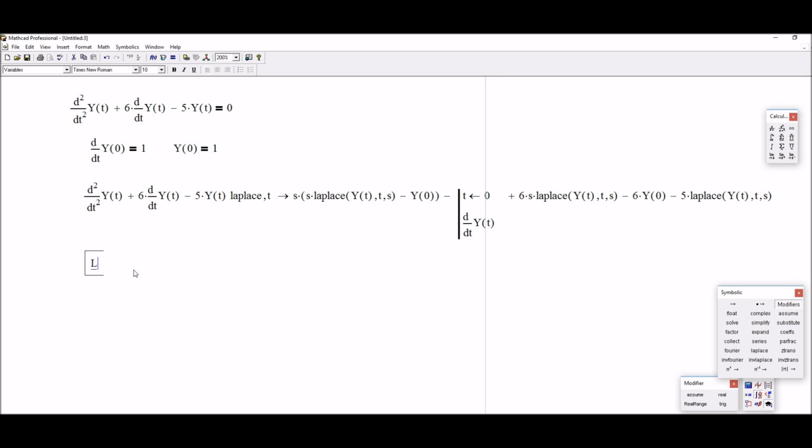So I will define Ls as the Laplace transform version of the differential equation.